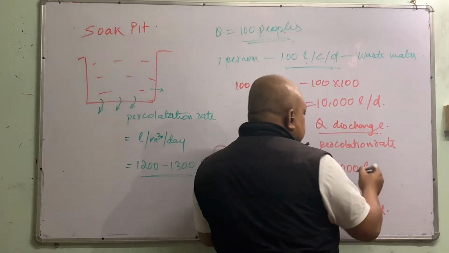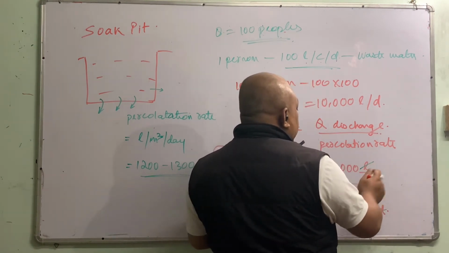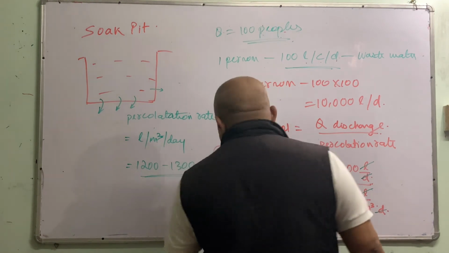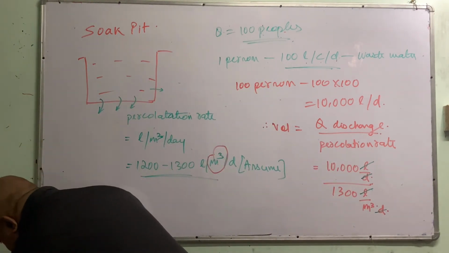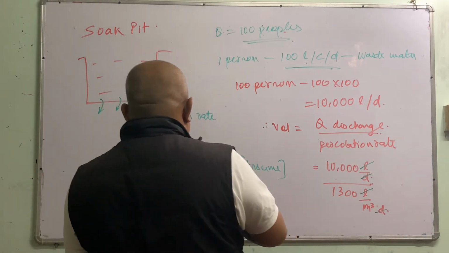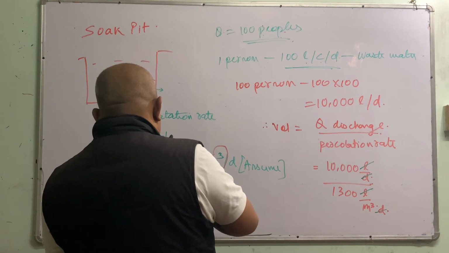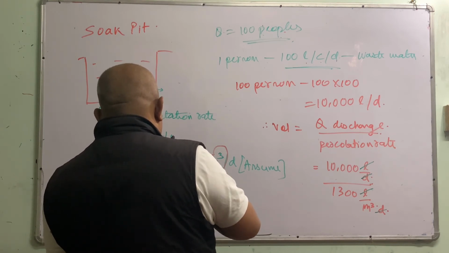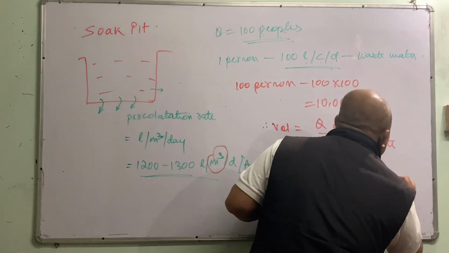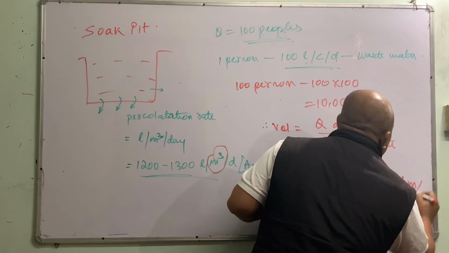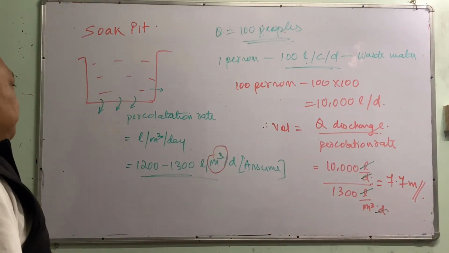So liter and liter will cancel, day and day will cancel, and meter cube will come up as 100 by 13. What is 100 by 13? Where is my calculator? It is 7.69, which is around 7.7 meter cube. Fine, now you know the volume.